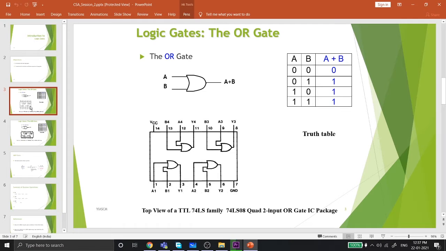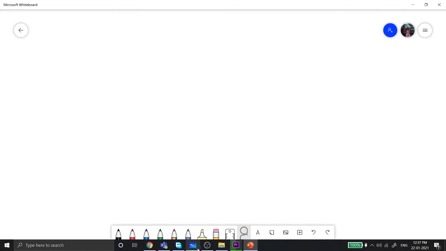It's just like, if you know electronics, I'll draw a circuit for you. That is, if you take two diodes and connect them together, this is A, this is B, and this is output Y. So if you don't know what a diode is, I'll explain.